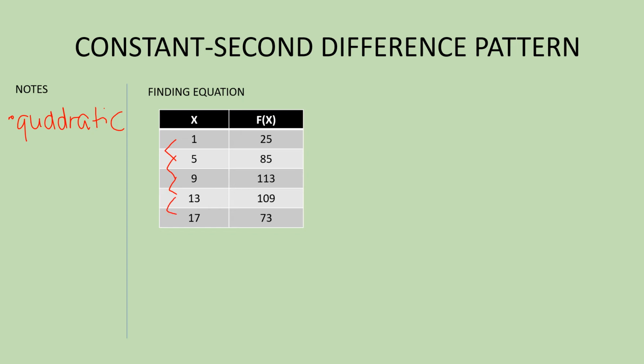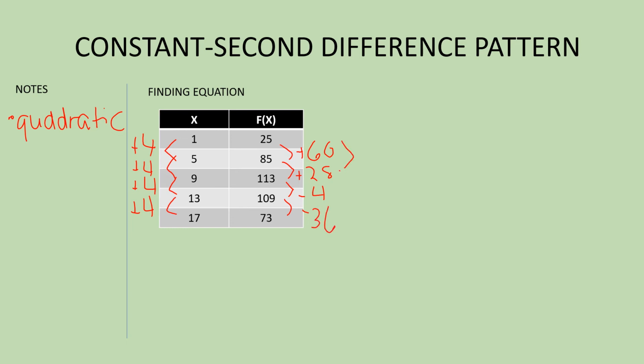So as you can see on the x side of the table, we are adding 4 constantly. However, on the y side of the table, we are adding 60 up here, and then we're adding 28, and then we have a decrease of 4, and wow, a decrease of 36.